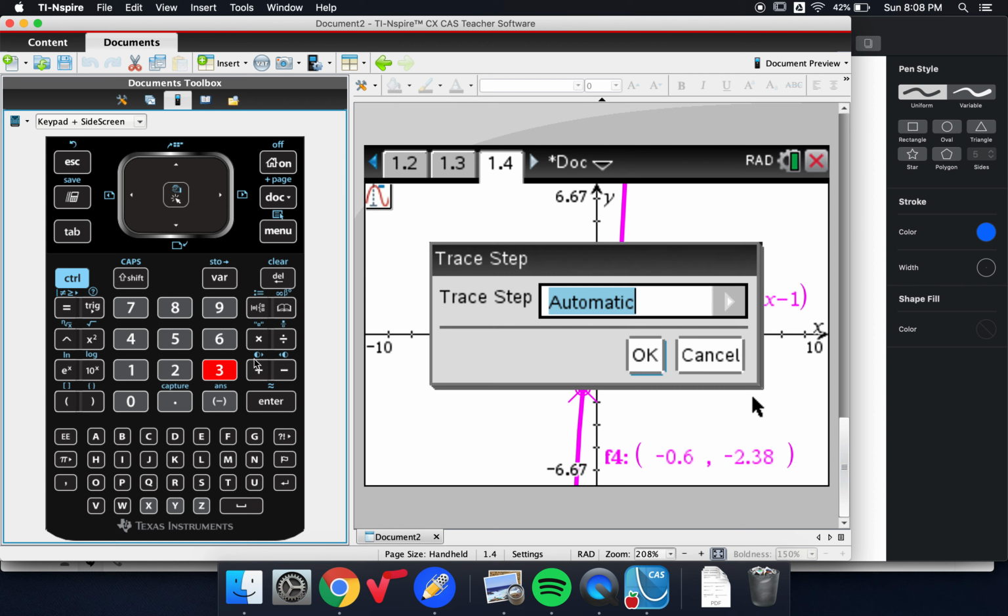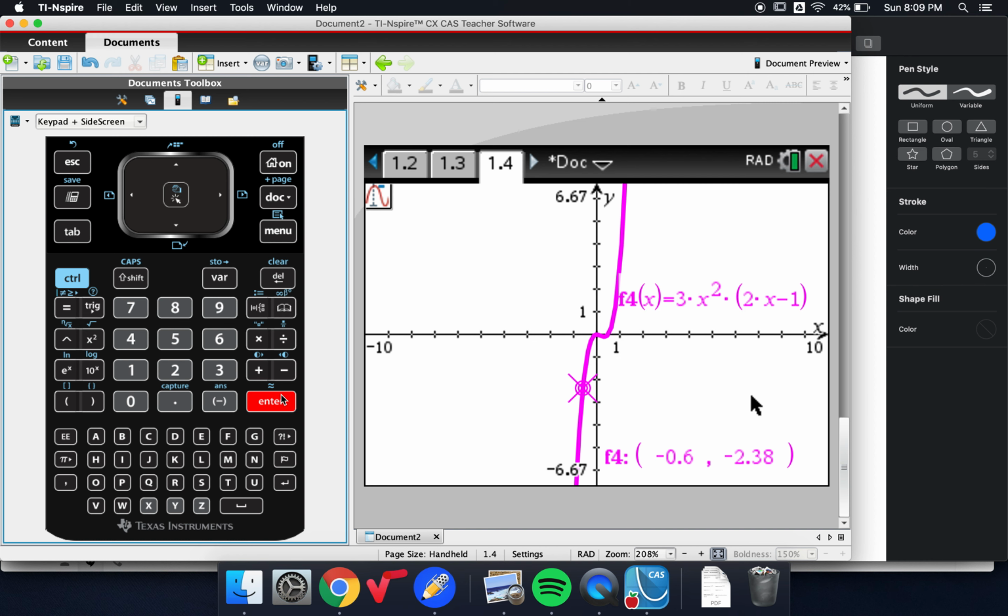And instead of being automatic, I'm going to put in a value of, let's say, 0.02. Okay. So now I'm going to get closer to -1/2 and see that, in fact, at -1/2, my function value is -1.5.